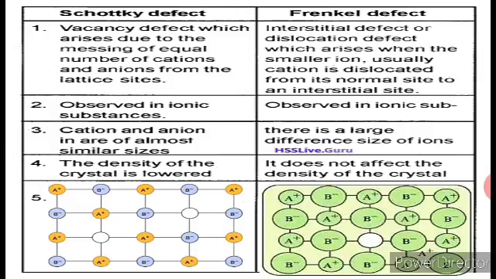From the name itself it is clear that this particular defect is generated due to impurity, which comes from a foreign atom or different atom compared to the host atom.